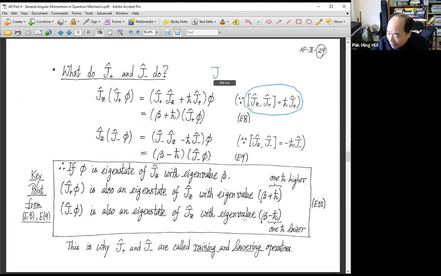So Jz J plus equals J plus Jz plus h bar J plus. All right. So therefore, we have this line. And now, by definition, Jz phi is beta phi. All right. And beta is a number that will pass through the J plus operator.